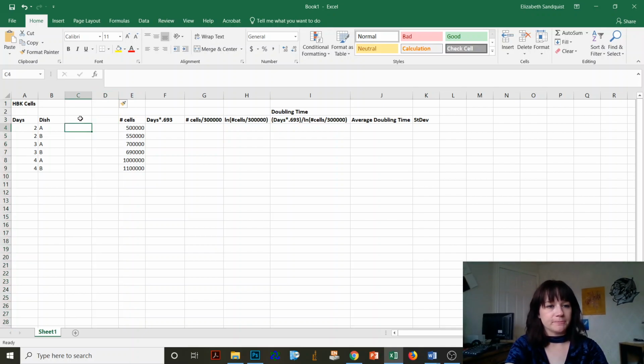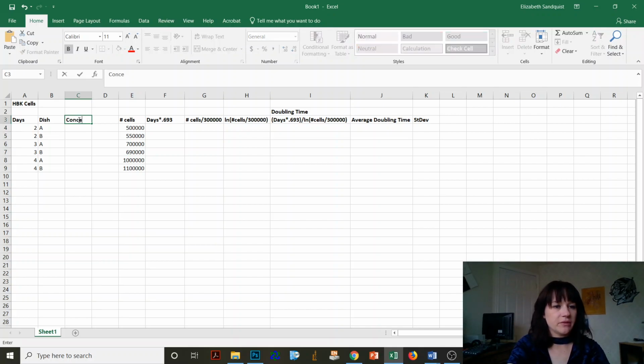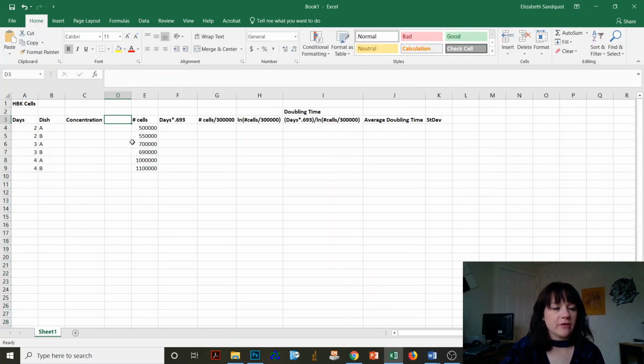And so you're going to get a concentration, right? And then that concentration, in order to get a total number of cells, you're going to have to multiply by the volume.